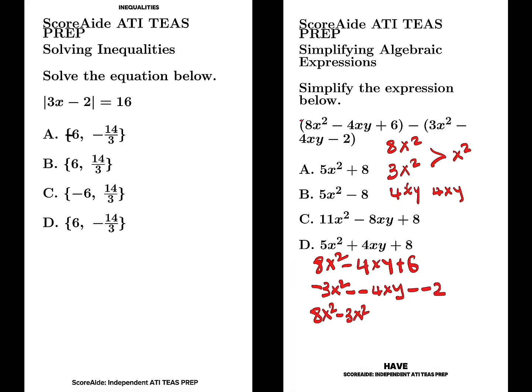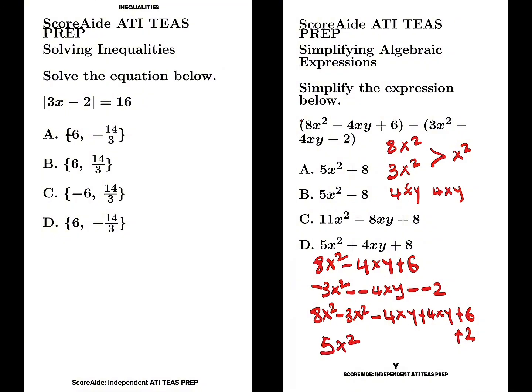So we will write 8x squared minus 3x squared. And then again we have minus 4xy, which will be closer to, so negative here will be positive 4xy, right? And then again negative here will be positive, so we have plus 6 plus 2. So 8x squared minus 3x squared will just be 5x squared.